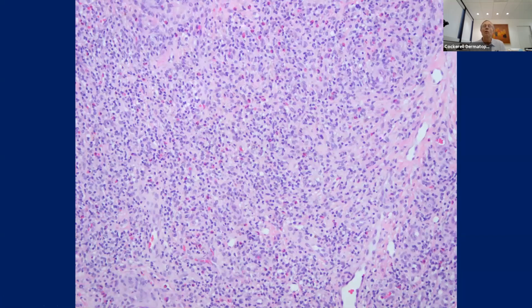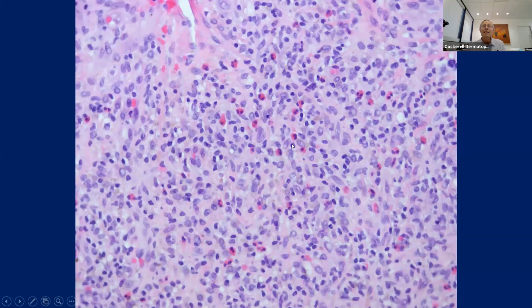Here's another area where there's a dense nodular lymphocytic infiltrate with these red cells with the red cytoplasm and the bilobed nucleus, so they're eosinophils. So hopefully you guys know what the diagnosis is here. Pull up the chat room again. Okay, good. Angiolymphoid hyperplasia with eosinophilia.